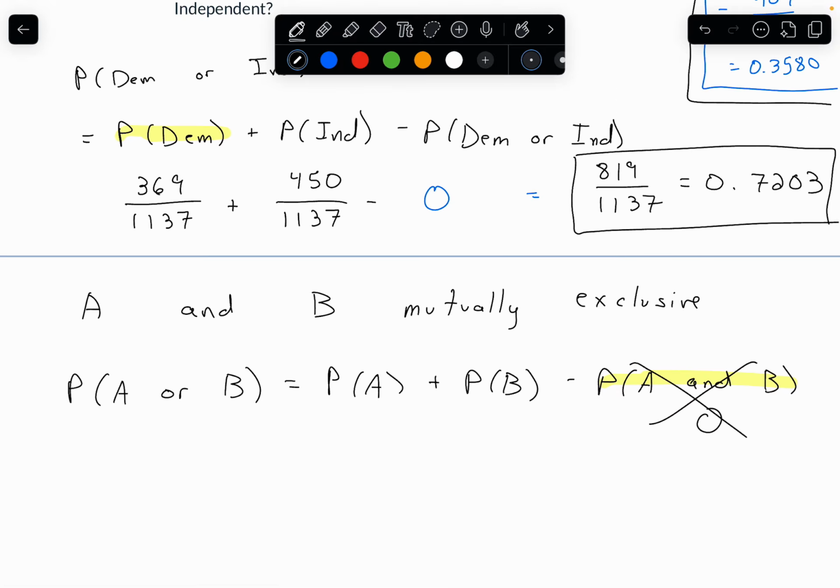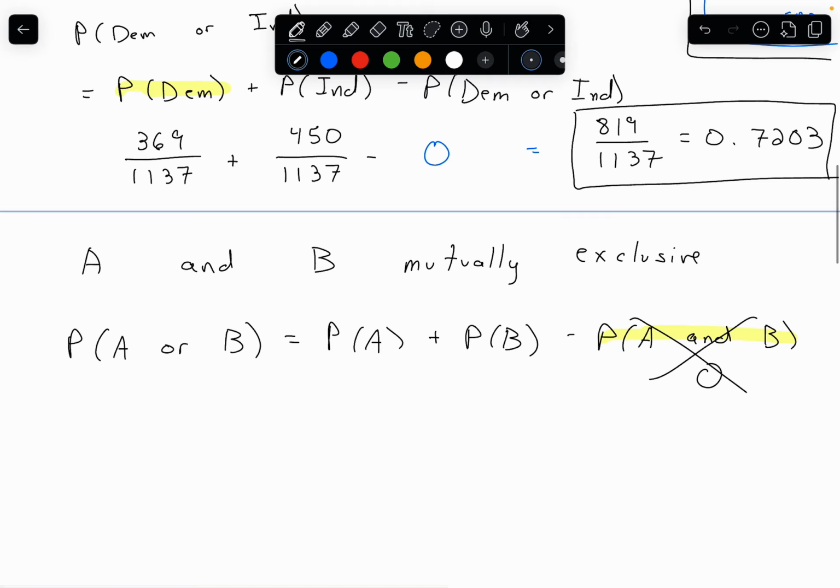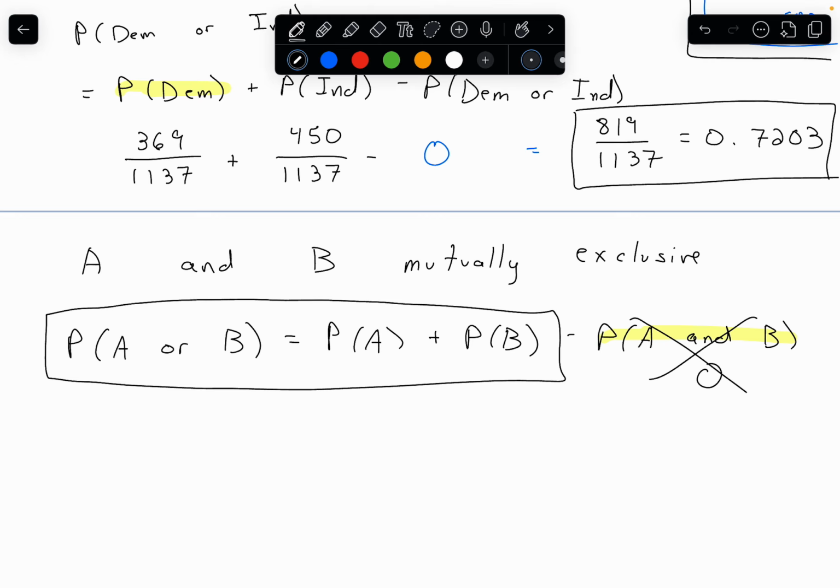So we don't actually care about this part. That means if A and B are mutually exclusive, I can just take probability of A plus probability of B, because there is no probability of A and B.